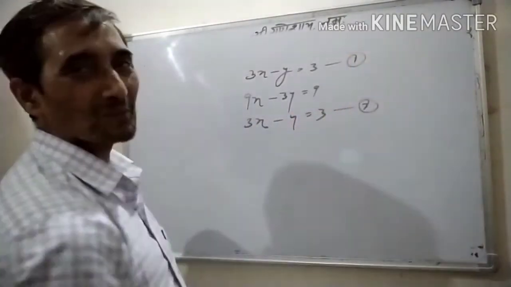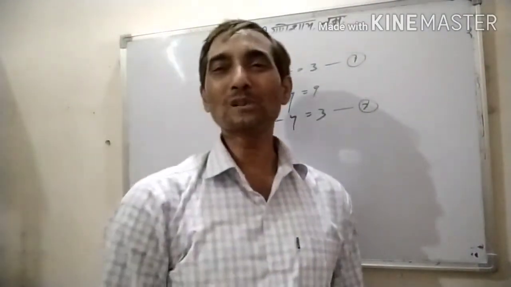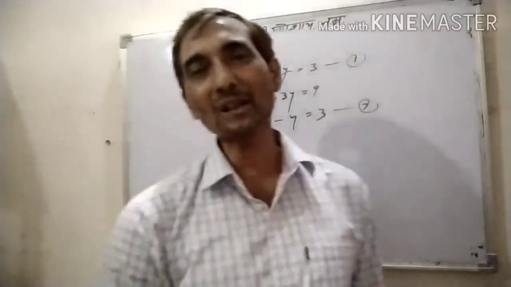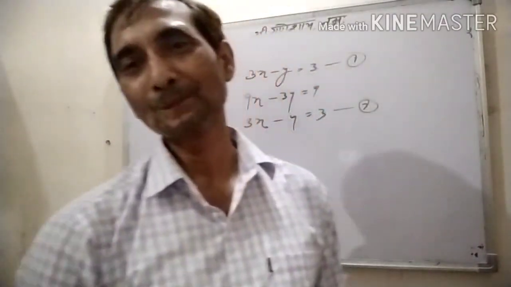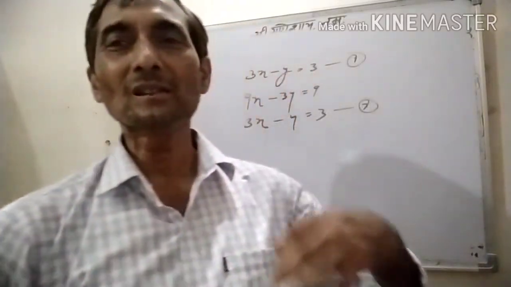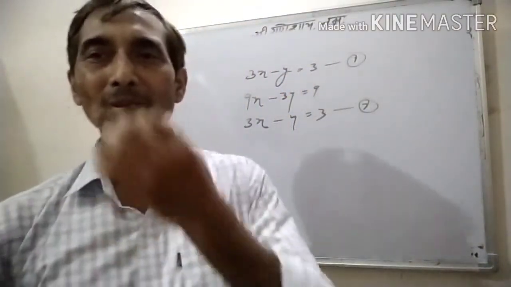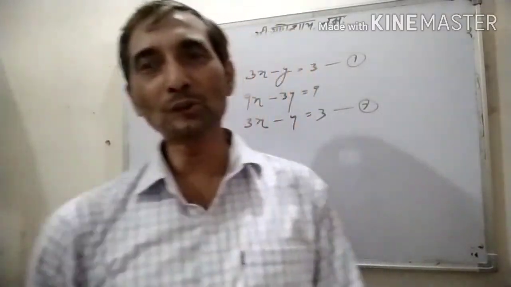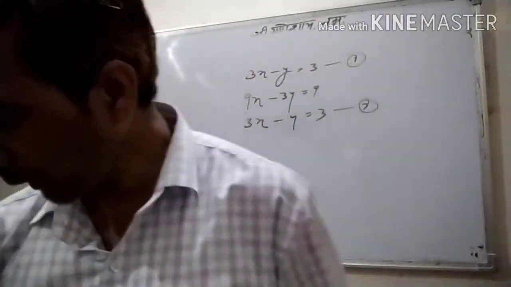You will see that equation number 1 and 2 both are the same equation. In that condition, this equation cannot be solved by any method because it is overlapping. It has infinite solutions. In that condition, we cannot solve this equation. So you leave it.